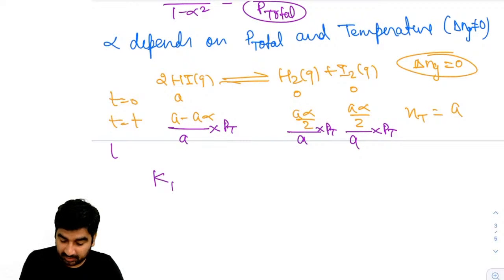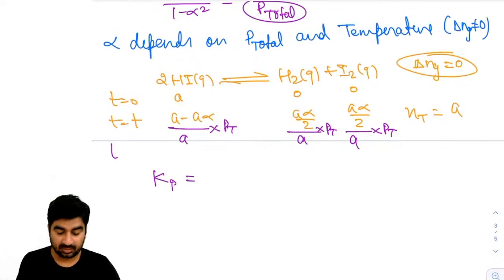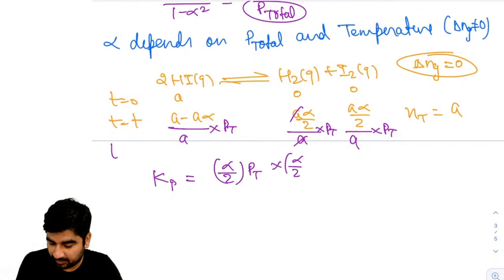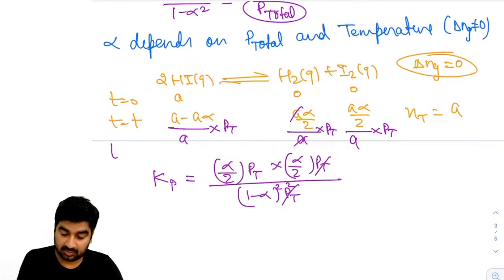So if you are writing Kp now, what will you get? It will be alpha by 2 P total over 1 minus alpha into P total, all squared. It will cancel out because here the coefficient is 2.